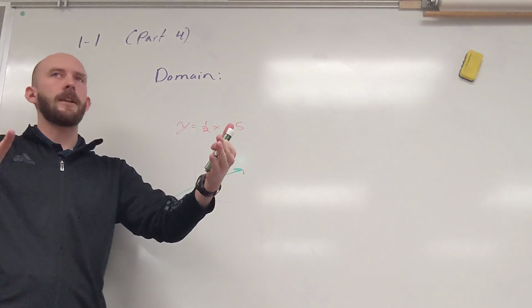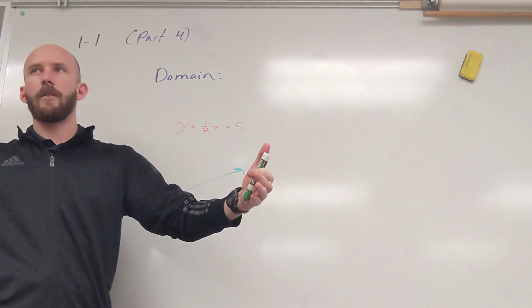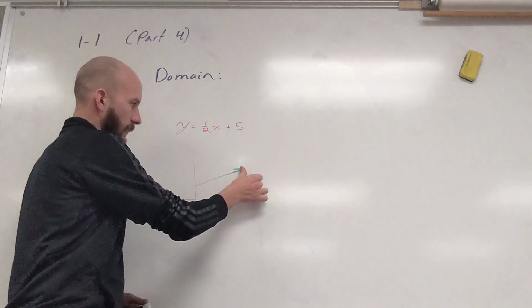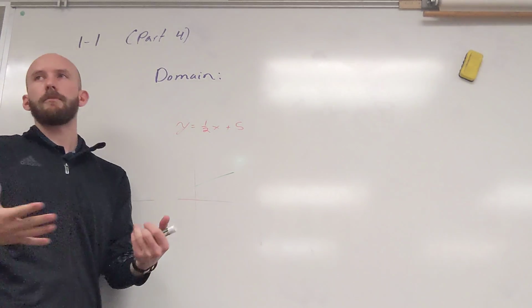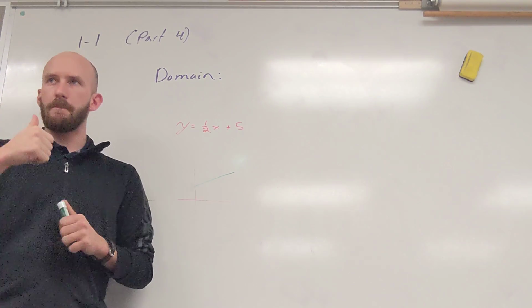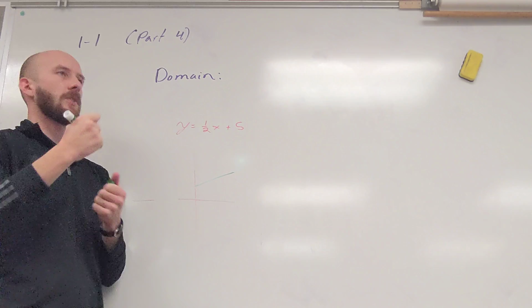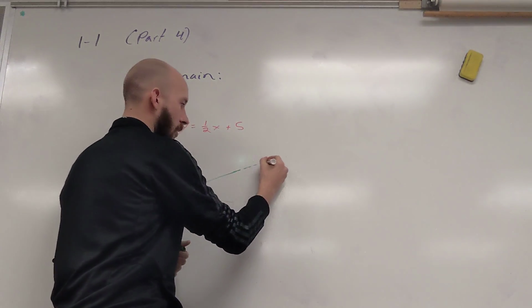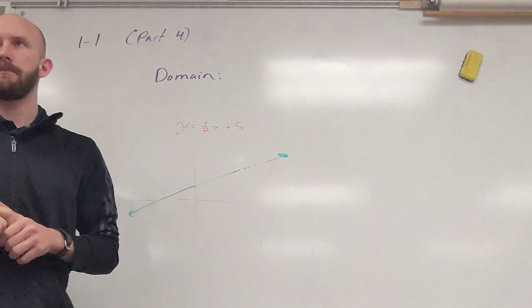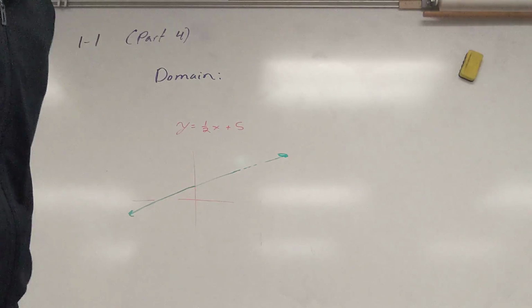Because you wouldn't have an input that was negative if you're dealing with time. So I can restrict it to fit a certain situation, okay? But by default, if I don't specify the domain of a function, it's assumed to be all real numbers for which it's real and defined, okay? We'll write that down here in just a second.